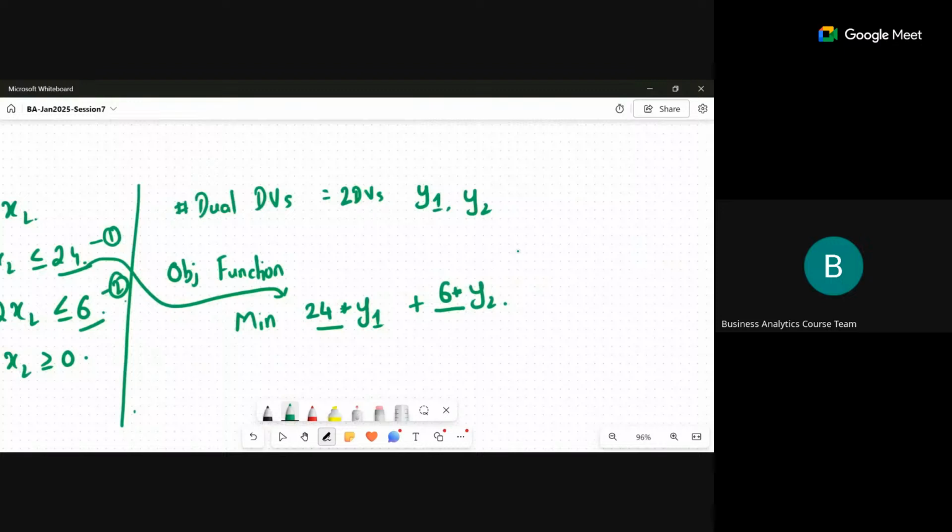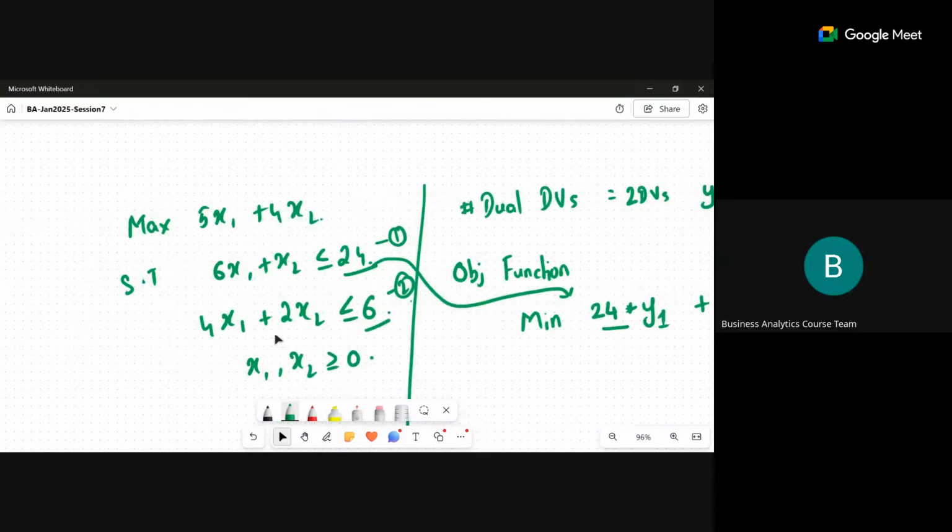It is because the dual decision variables are basically called the dual price, which is also known as the unit worth of a resource, right? So I have two resources, R1 and R2. I have 24 units available for R1, 6 units available for R2.